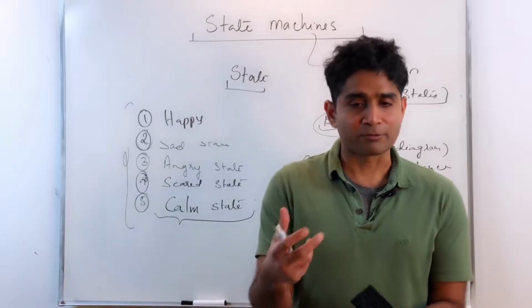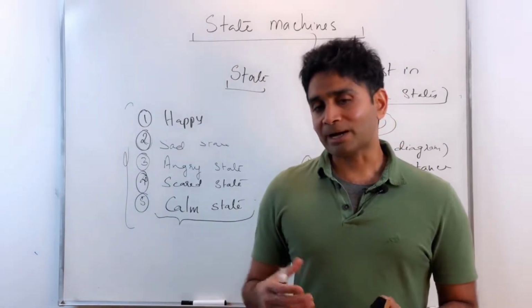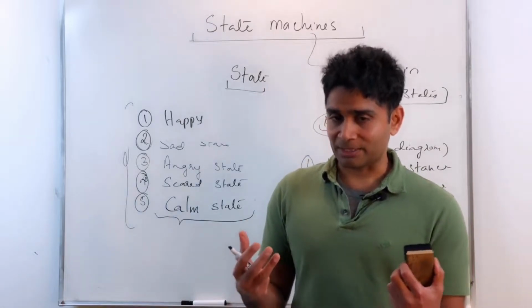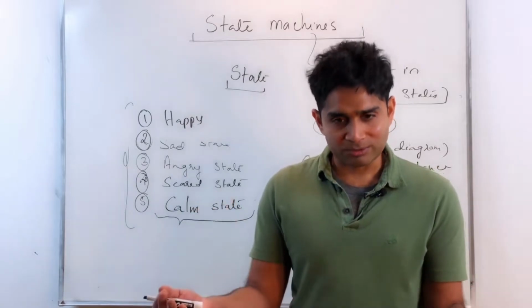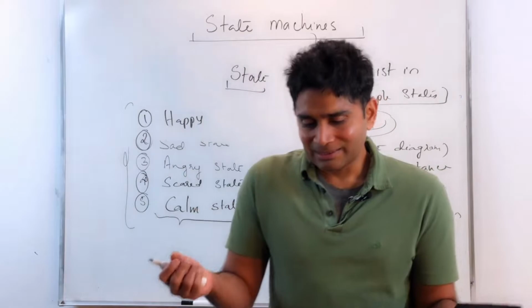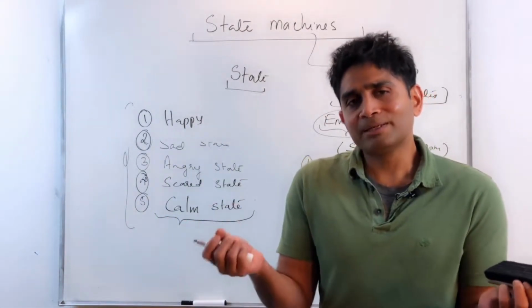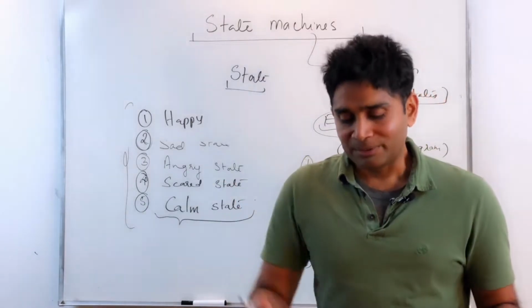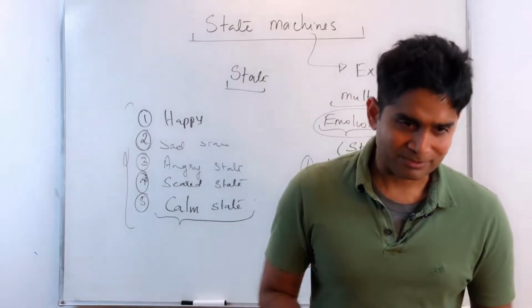Okay, that's an external influence, right? My next state is determined by both my present state, which is that I'm in a calm state, which means my nerves are cool, and the external influence. I see a snake. Most likely, I'll be reacting in a more rational way.